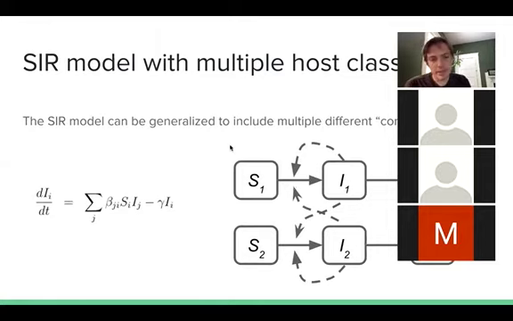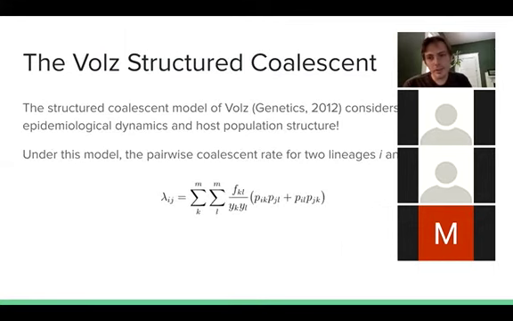And so what we would like to be able to do is formulate the same type of SIR type coalescent model that we just developed for the simple SIR model without population structure for these more complex structured SIR models as well. And unfortunately, the hard work has already been done for us.